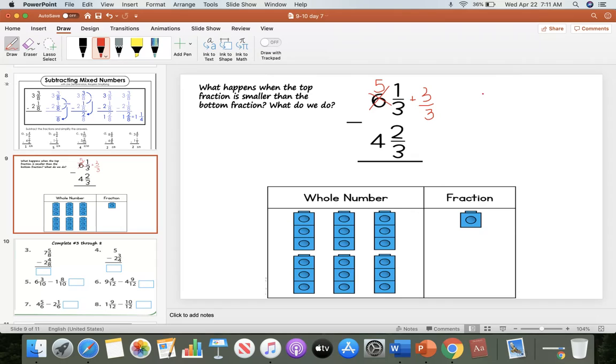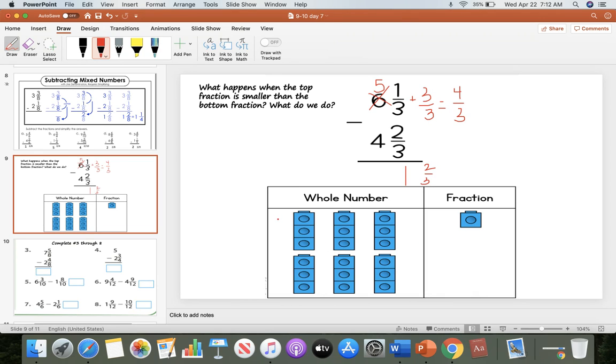So now my fraction became 5 4/3. So 4/3 minus 2/3 gives me 2/3 left over. 5 minus 4 gives me 1.